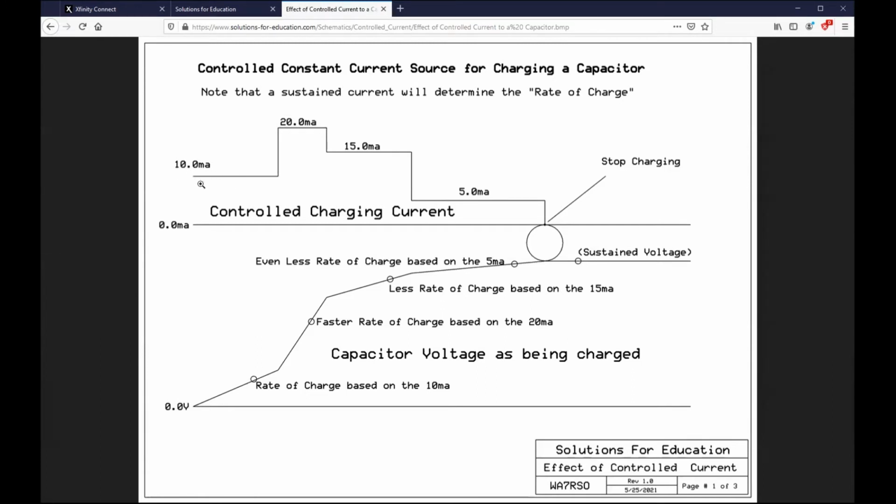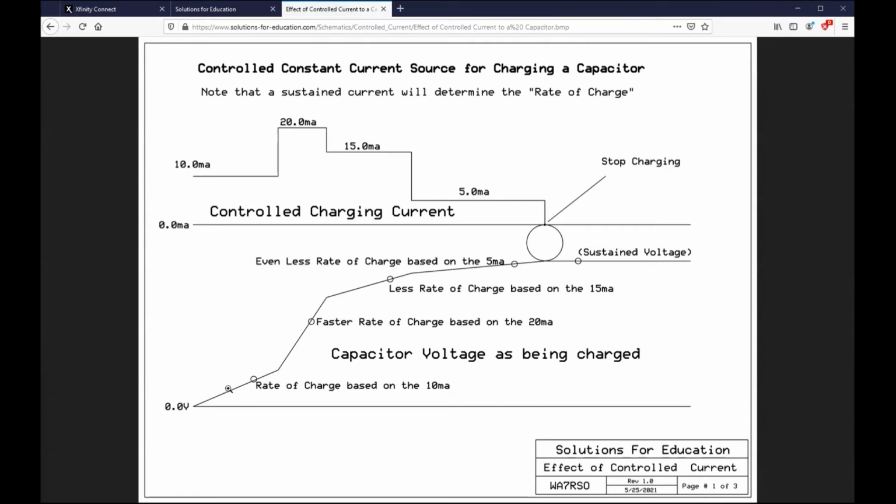Here, what we're doing is we are deliberately not even thinking about voltage. We are deliberately taking a 10 mil source and feeding it into the capacitor from this time here, from the get-go, to this time here. During this time, this capacitor will charge at a linear rate. Now, I'm not putting a particular voltage down here, although it is mathematically obtainable.